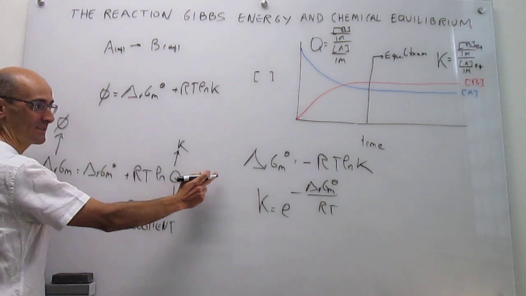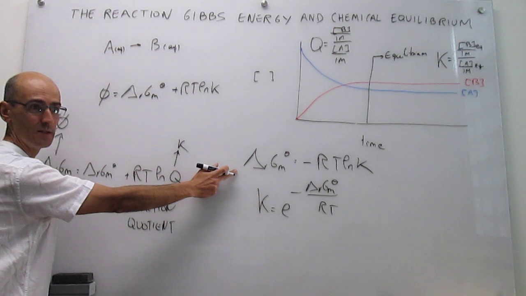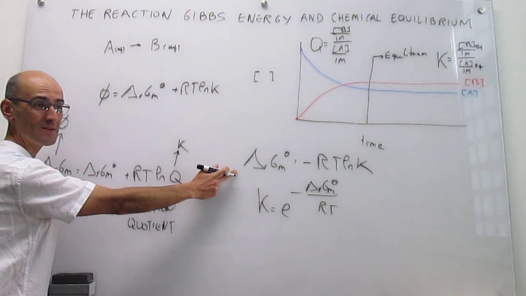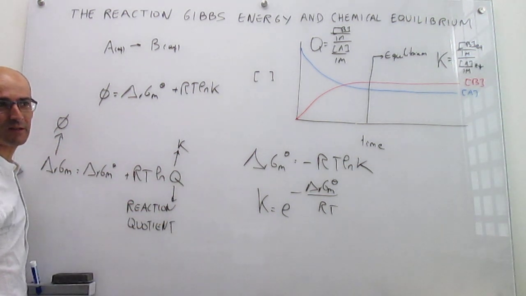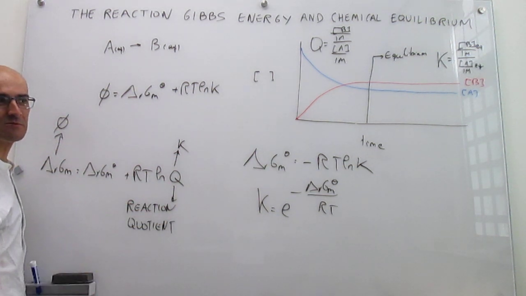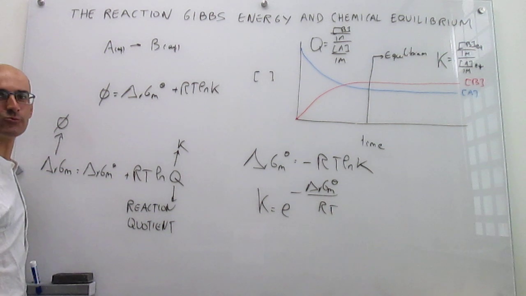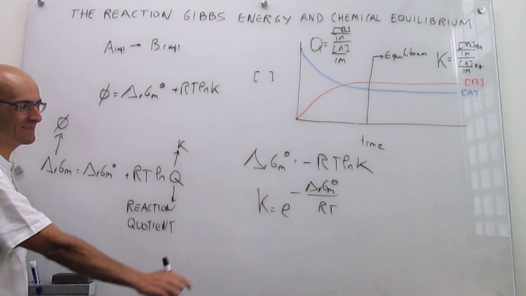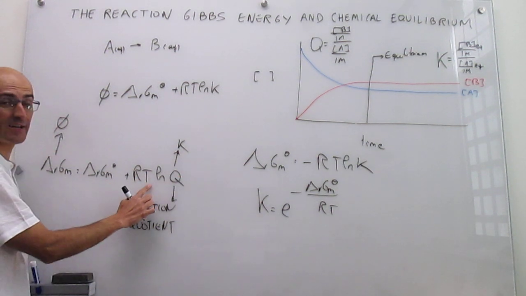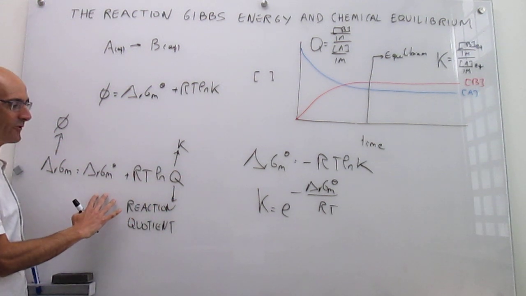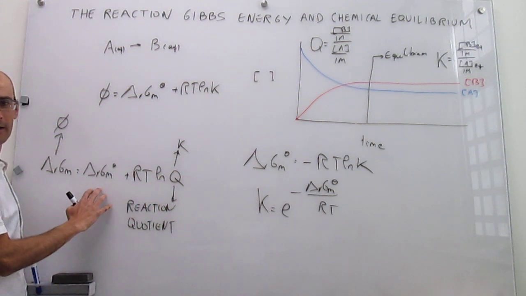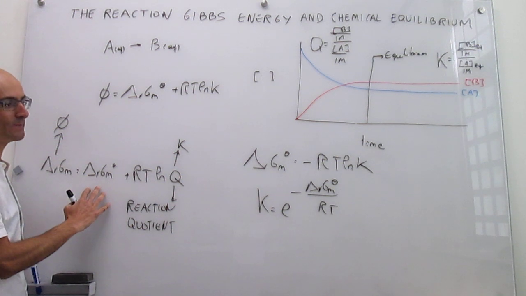Because it contains the situation of equilibrium, which is this one, but it also allows you to calculate spontaneity of chemical reactions even if you're not at equilibrium, right? Even if you're setting up your reaction under some concentrations that might be of interest to you, right? So this is just a special case of that expression, which to me is the most important in all of a chemical course in thermodynamics, okay?